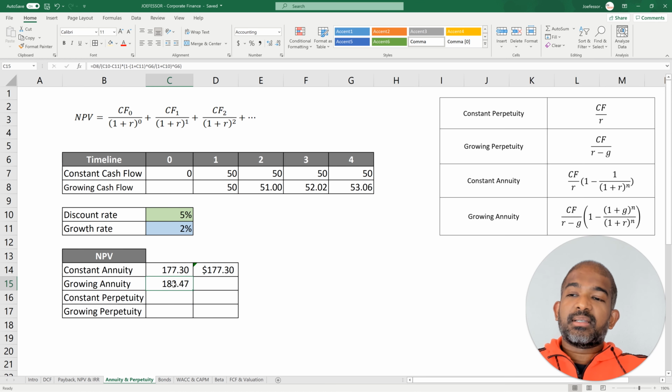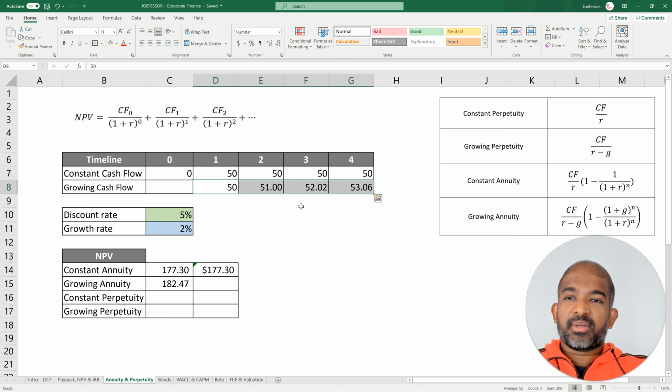So this is the net present value of the growing annuity for this set of cash flows.